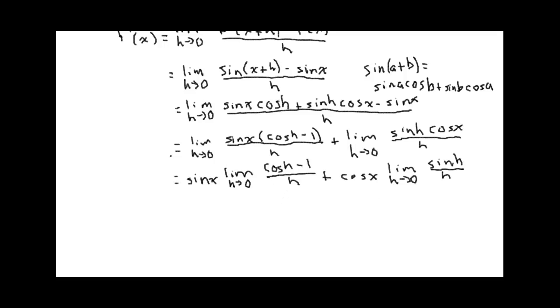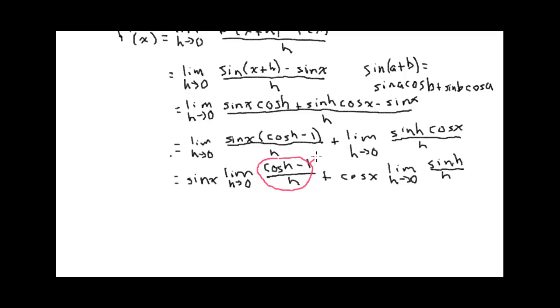Okay, so looking at these limits, I've simplified it to the limit as h goes to 0 of cos h minus 1 over h. Now that's a bit of a tricky limit to deal with, as is this one, sin h over h. And really, you can figure out what those are equal to using more advanced calculus methods.